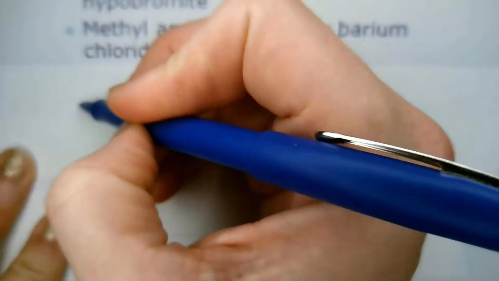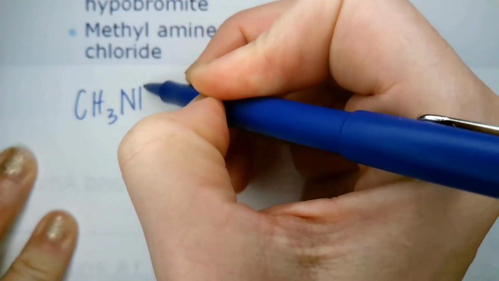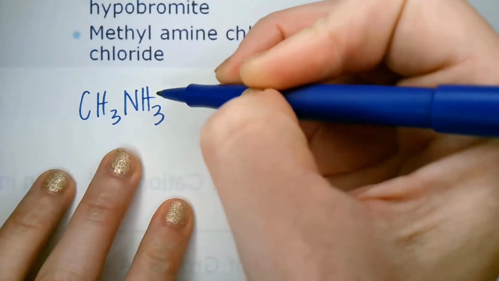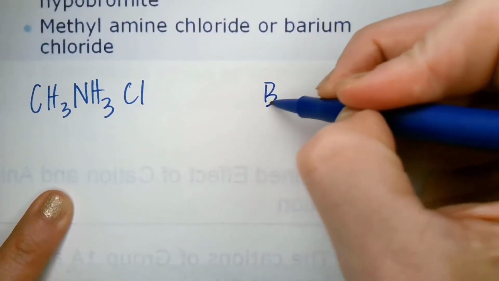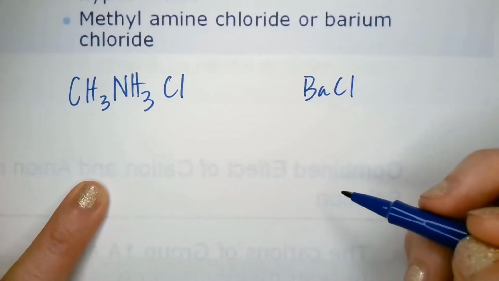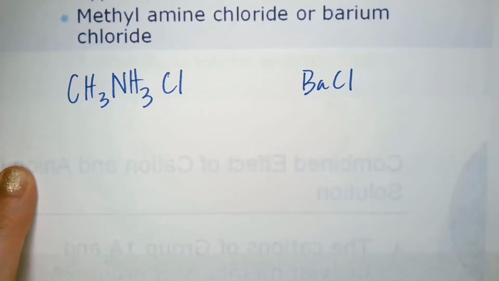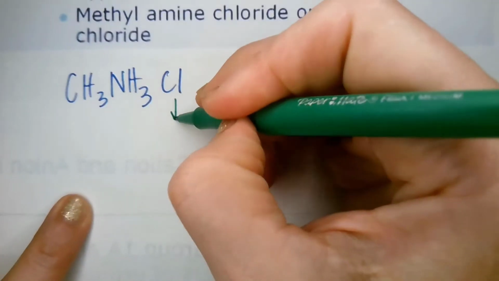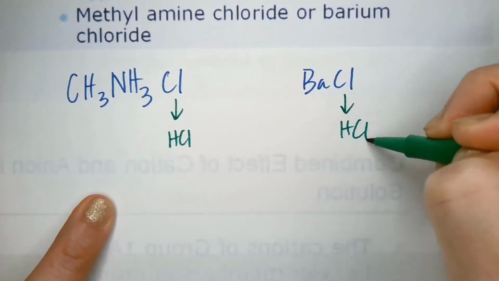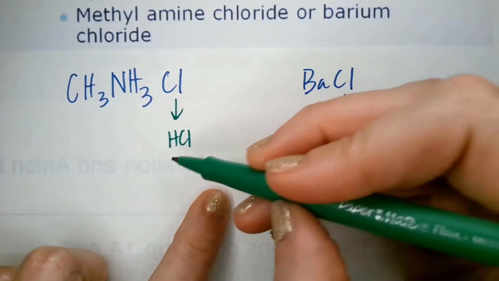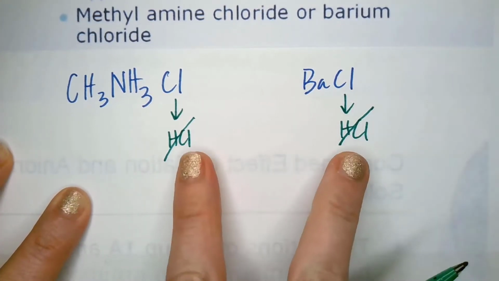Let's look at methylammonium chloride or barium chloride, see who's more acidic. So methylamine, I think we just did that on the last slide, CH3NH3Cl, and barium chloride, BaCl2. So let's arrange this a little bit differently. The parent acid for Cl- would be HCl. And we know hydrochloric acid is strong.